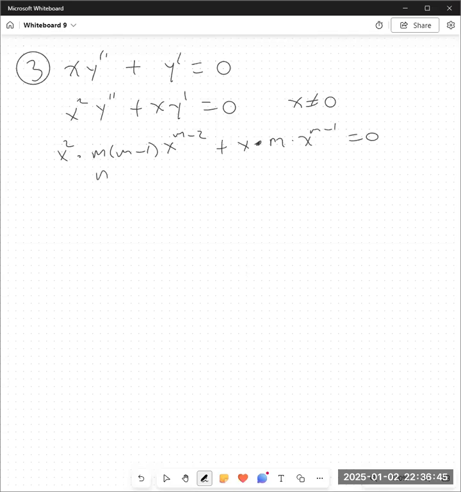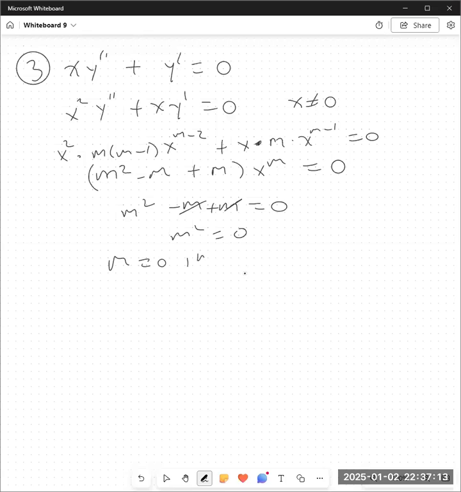So this is m squared minus m plus m, x to the m equals 0. I'm only interested in m squared minus m plus m equals 0. So this is m squared equals 0. M equals 0, multiplicity 2.